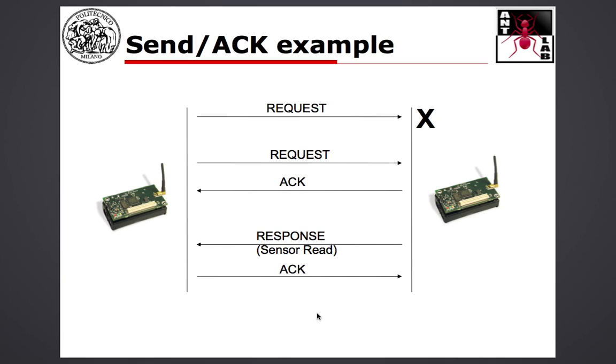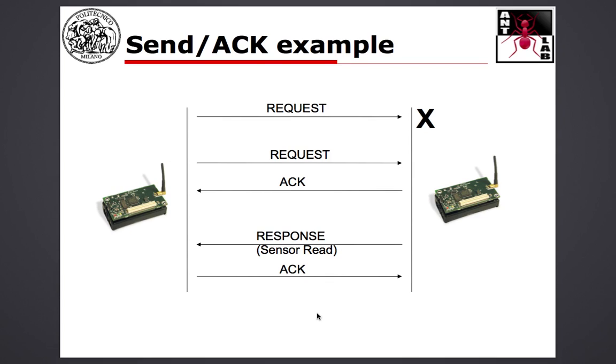This time the request will be correctly received, so an acknowledgement will come back. That's good. And the receiving node will also transmit a response message, and in the response message will be contained some random data which will be retrieved by performing a sensor reading. Okay?